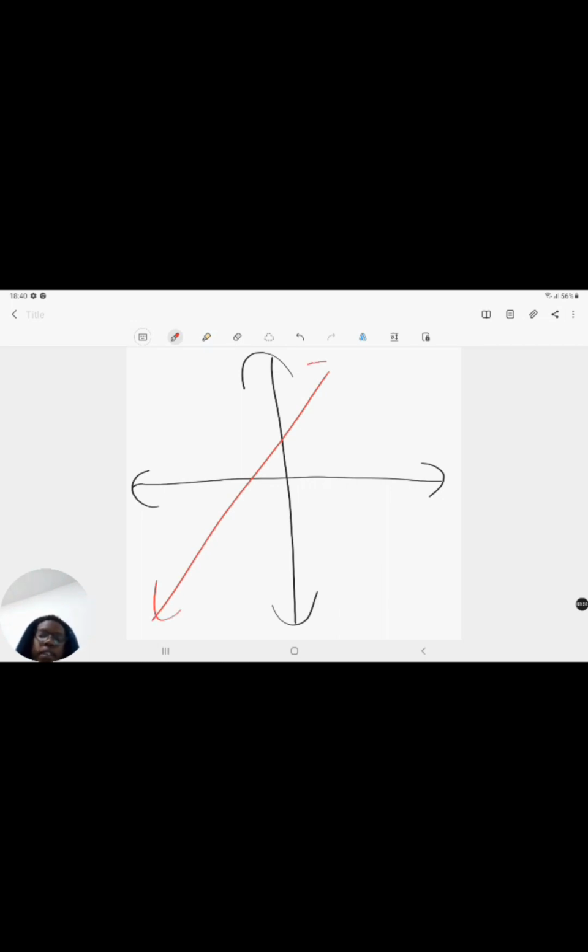Say it looks like that, and I have my standard form of my equation, which is y equals mx plus c. m is the gradient of my line. You can call it a slope if you want. Now, that point there is c. That's your y-intercept.